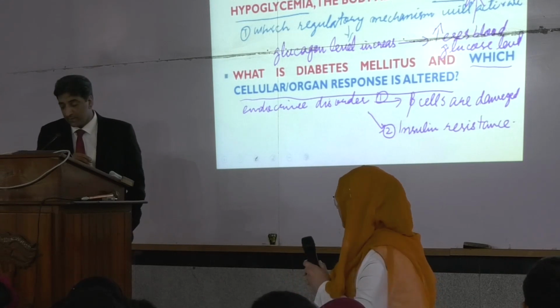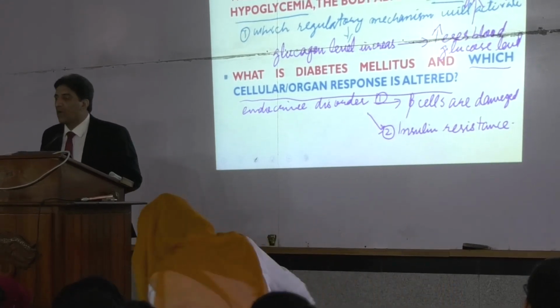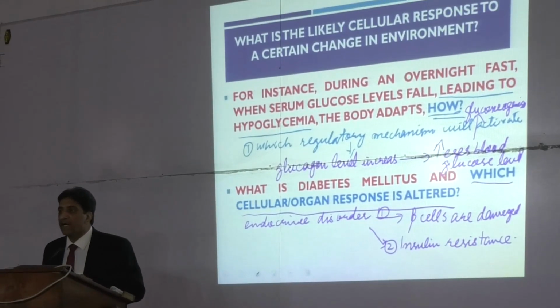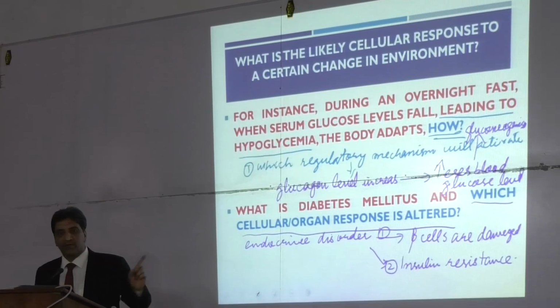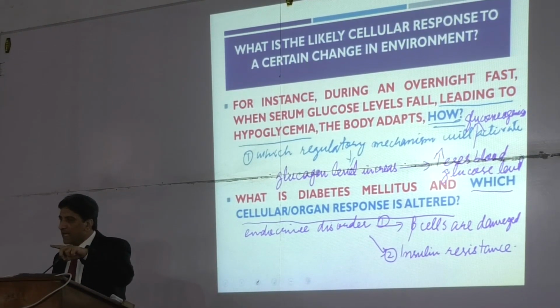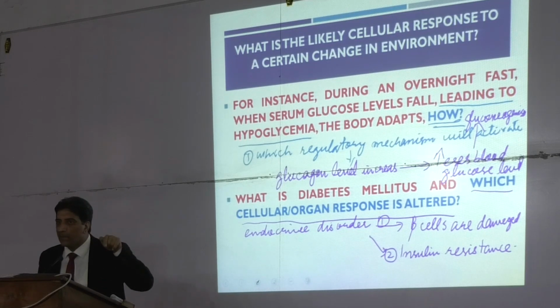Very good, excellent. So in diabetes mellitus, there are two types. Type 1 occurs in children, and it is due to deficiency of the insulin that moves glucose from the blood vessels into the cells. Why does it occur? As my daughter told, it occurs due to destruction of the beta cells of the pancreas.